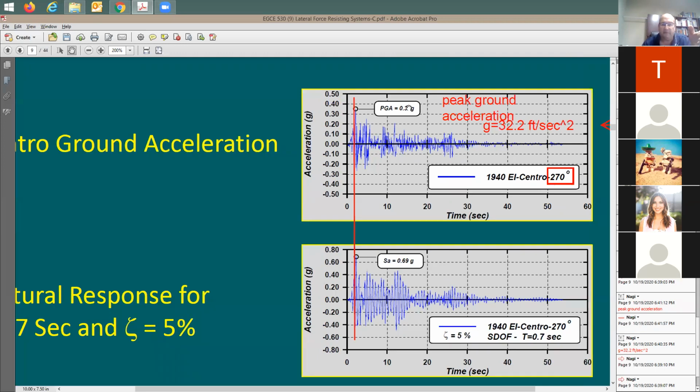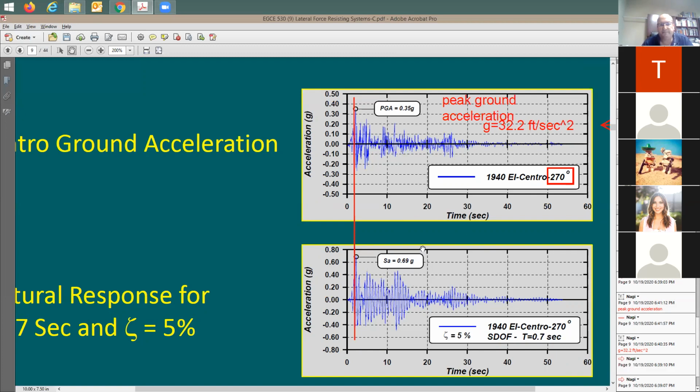So the ground itself moves with a maximum acceleration of 0.35, but for the building, it went to 0.69. And look at the performance here. The acceleration here is completely different from the acceleration here because of the delay, because of the lag, because they're not in the same phase. So we applied a ground acceleration of 0.35, and we're getting acceleration in the building itself of 0.69 G.